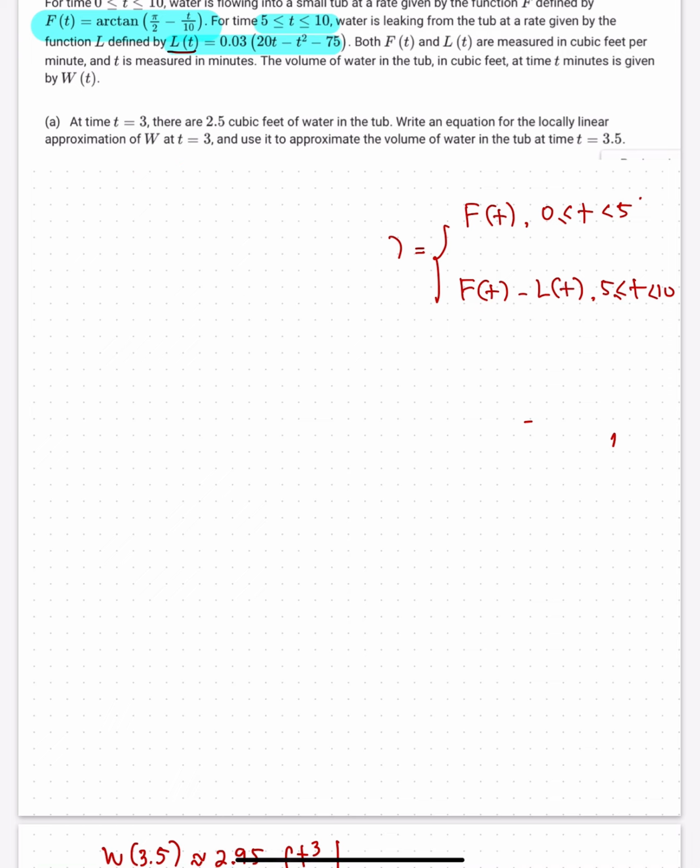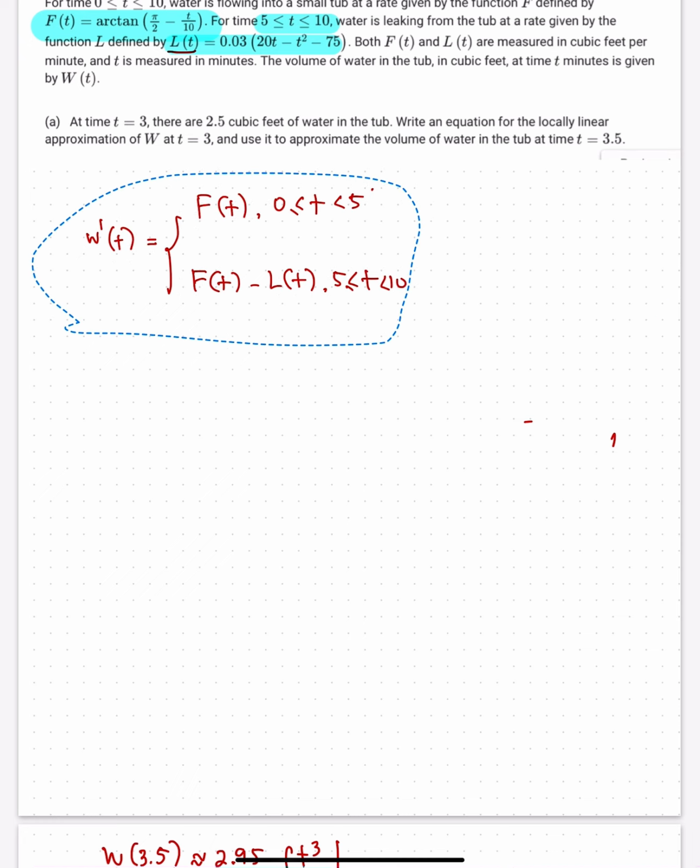Now, for the next part of our function from the top here, let's say that at time t equal 3, there are 2.5 cubic feet of water in the tube. Write an equation of the locally linear approximation of w at t equal 3.